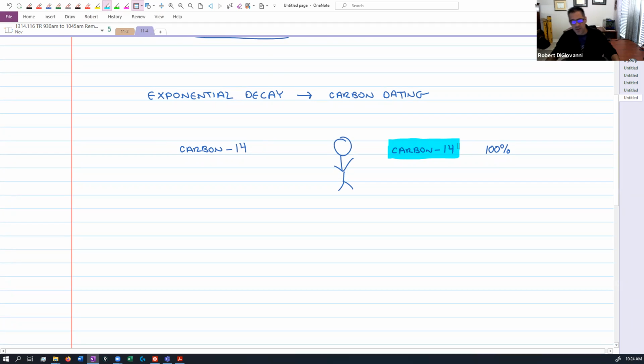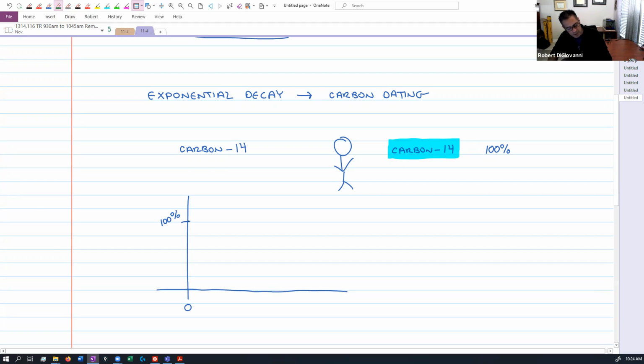Carbon-14 decays over time. Once you die, your body stops producing it and it starts to decay. If I were to draw a picture of what's happening here, when I die, let's say that's time 0, I would have 100% of my carbon-14.